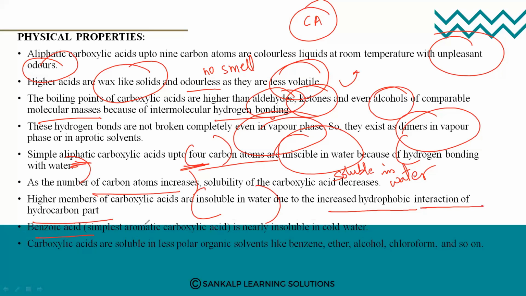Hydrophobic means water-hating. Benzoic acid, the simplest aromatic carboxylic acid, is insoluble in cold water. Carboxylic acids are soluble in less polar solvents like benzene, ether, alcohol, chloroform, and so on.